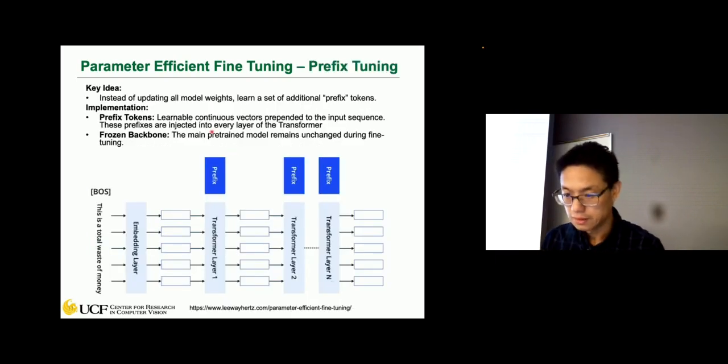Again, let's use the transformer model as the main backbone in this lecture, but a lot of techniques can also be applied to CNN architectures. The first parameter efficient fine-tuning technique is called prefix tuning.